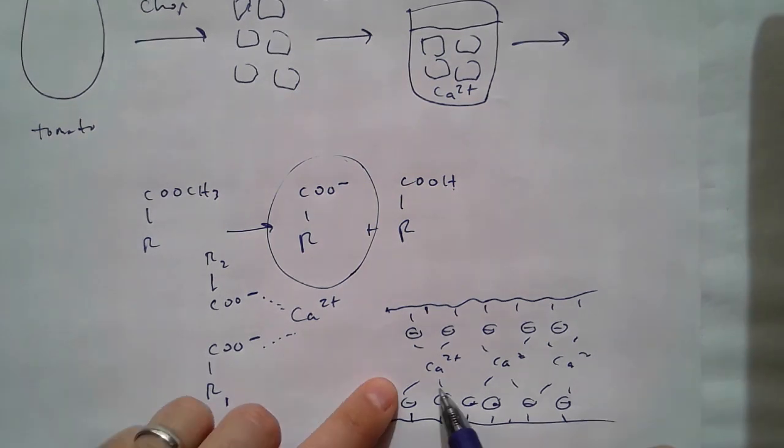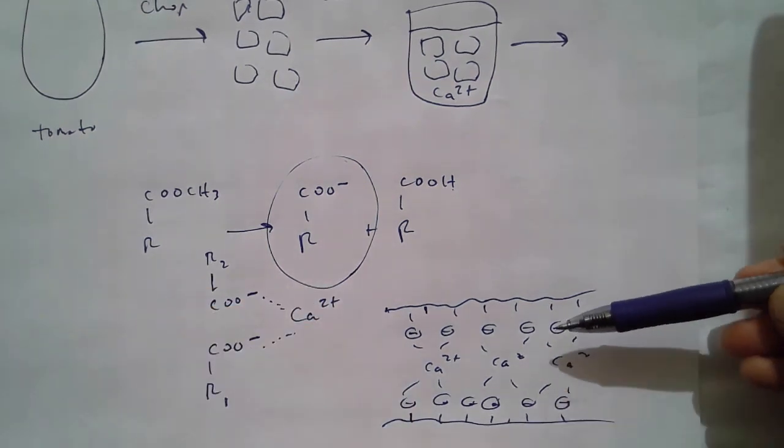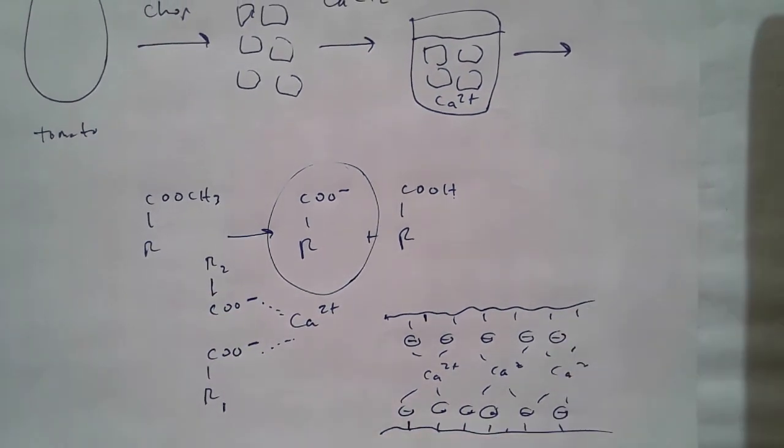Now you've got these little calcium bridges that link up all these pectin molecules together. And the net effect of that is a very stable, very strong structure. Okay, and this leads to a preservation, or in some cases an increase in the firmness of the tissue.